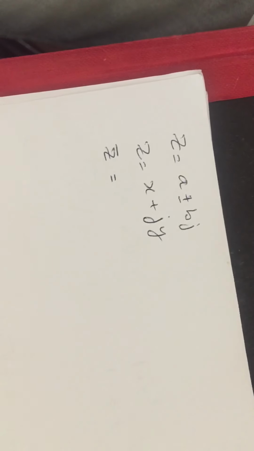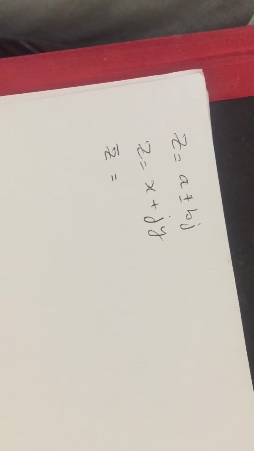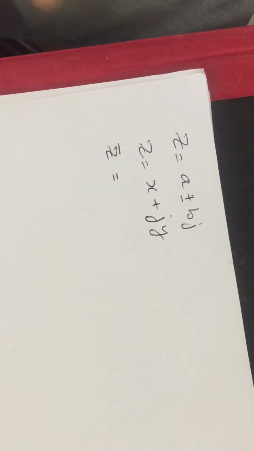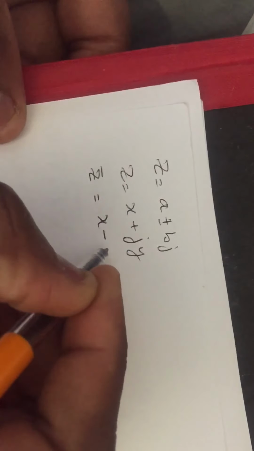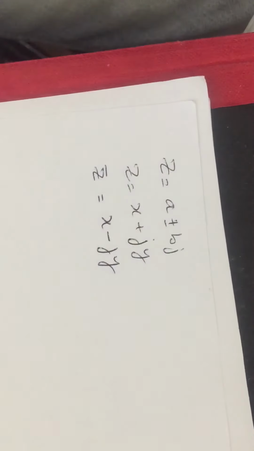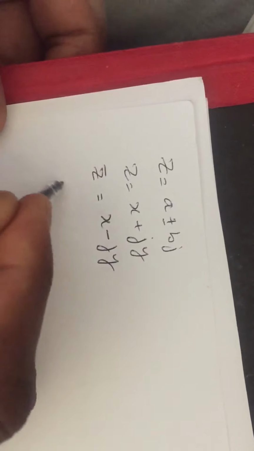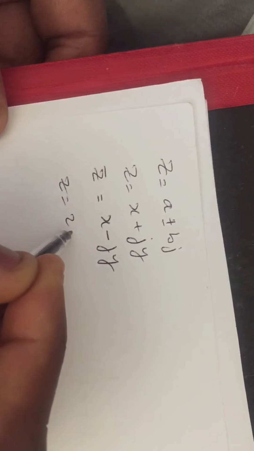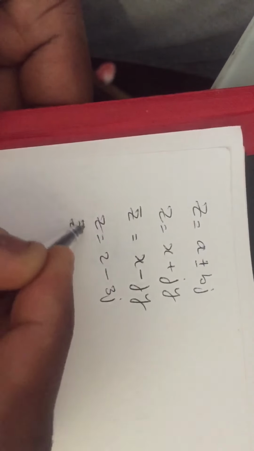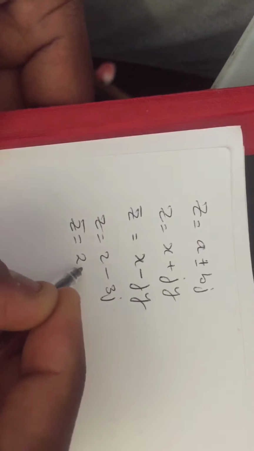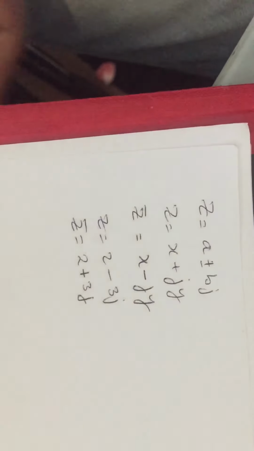You only change the sign of your imaginary part. This will become a minus bj. An example, if I have z equal to 2 minus 3j, and they ask me to find z bar, it's gonna give you 2 plus 3j.